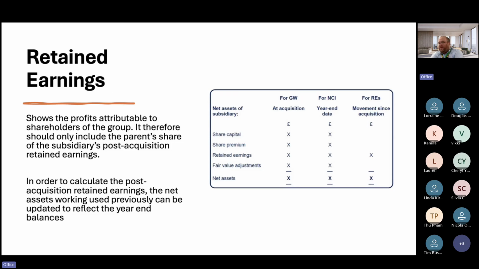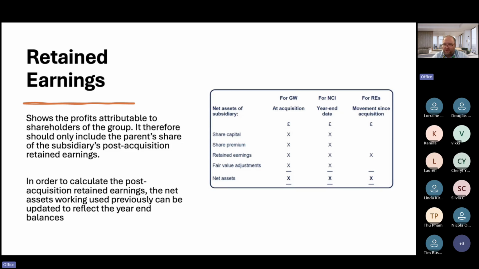The final thing you need to be able to do and understand is the concept of retained earnings. Up to now, you generally understand what retained earnings are. They show profits attributable to shareholders. Up to now, you've just been dealing with one single limited company, so it's quite simple to say retained earnings was profit built up by that company over time.